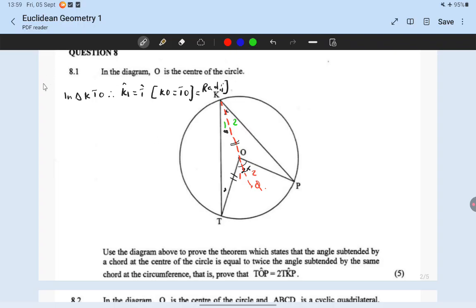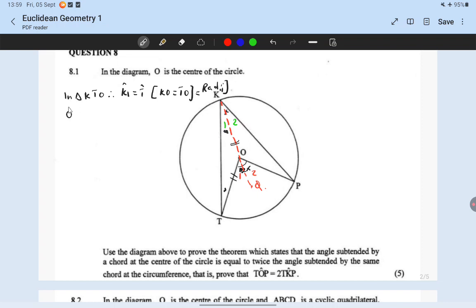But what else can you see? So if K1 is equal to angle T, then our angle O1, can you see this one? That is the exterior angle of this triangle. So this exterior angle, we know that it is equivalent to this plus that, right? Exterior angle of a triangle.